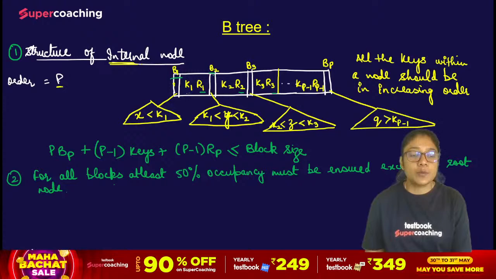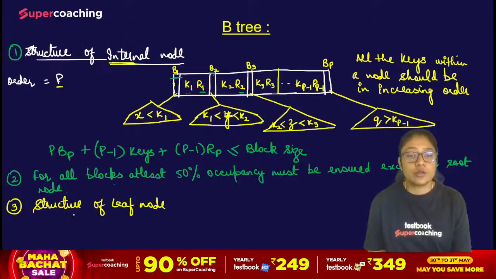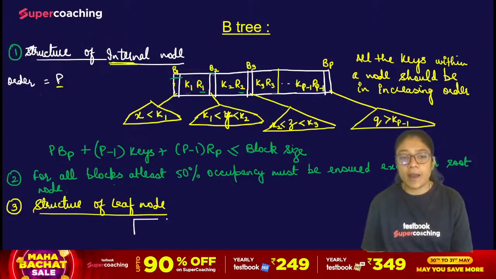Fifth, the next point is the structure of a leaf node. Leaf node means there is no child. Since the order is P, we can store P minus 1 keys.